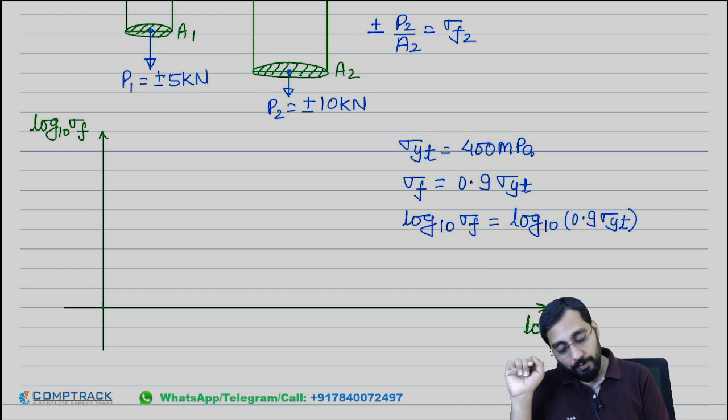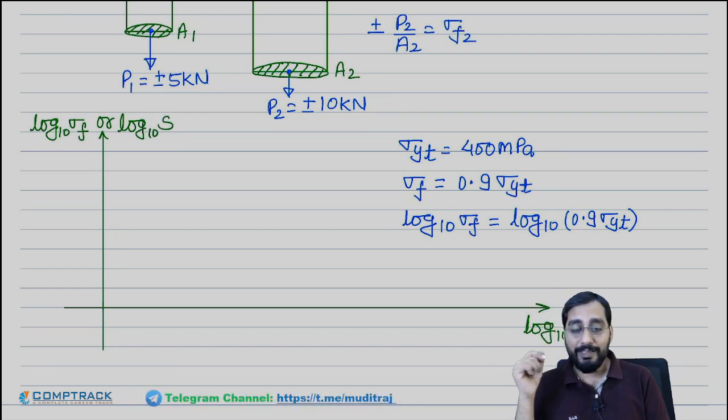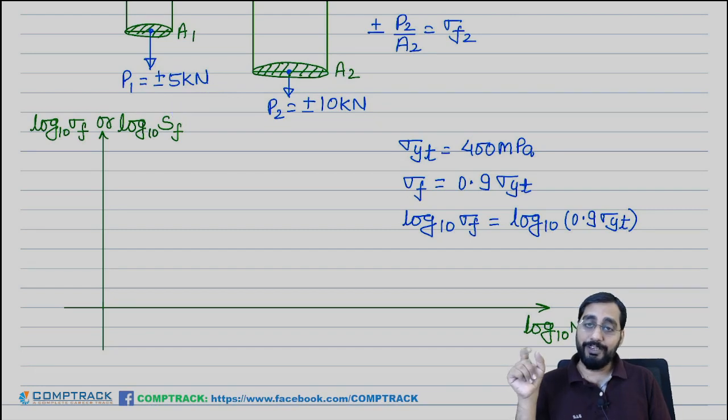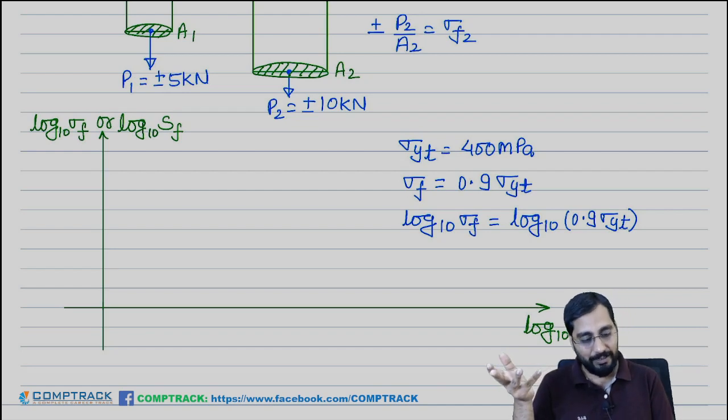This is sometimes also written as log 10 s, fluctuating stress, sf also it can be written. So this is your Sn curve. Actually it is a log 10 s, log 10 n curve, but the name is famous as Sn curve, so we call it Sn curve.